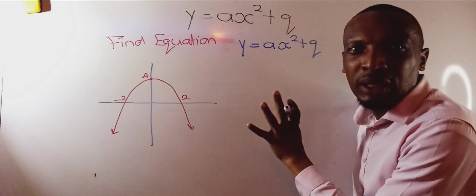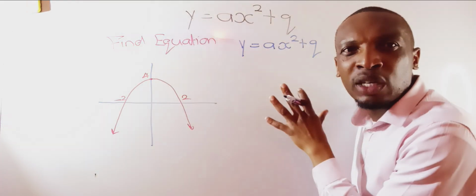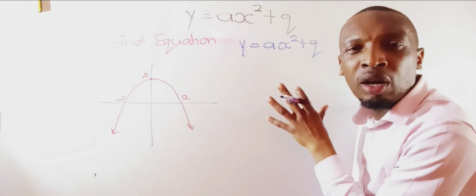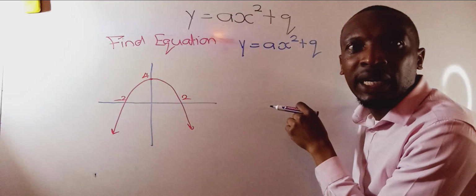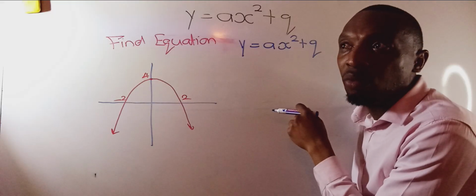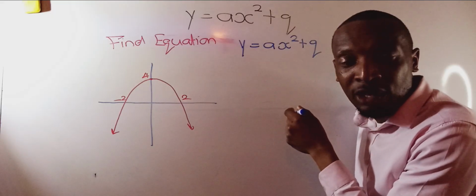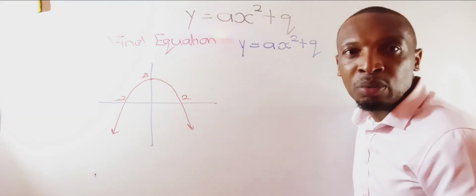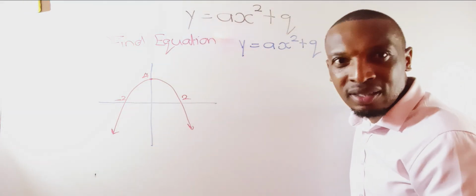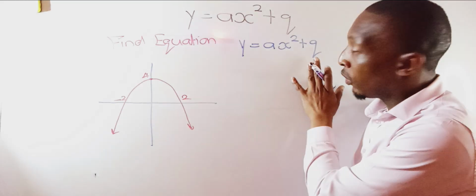Sometimes people will ask, what is the value of x, what is the value of y? We do not know that, and we are not interested in that at the moment. We just want to know how they are related. So we need to find q and a.